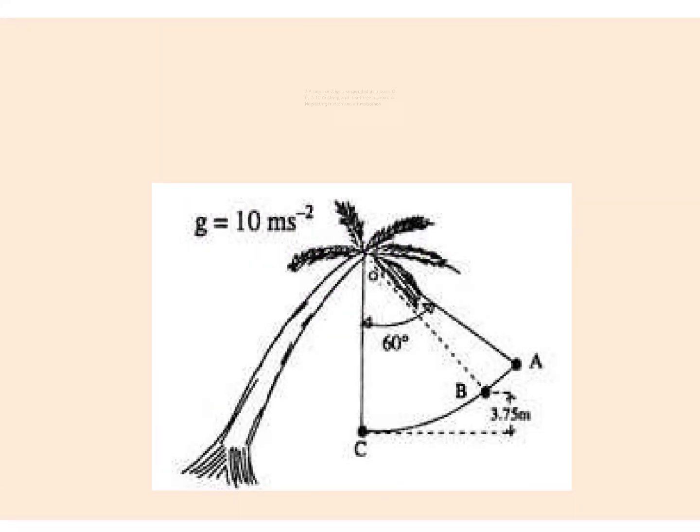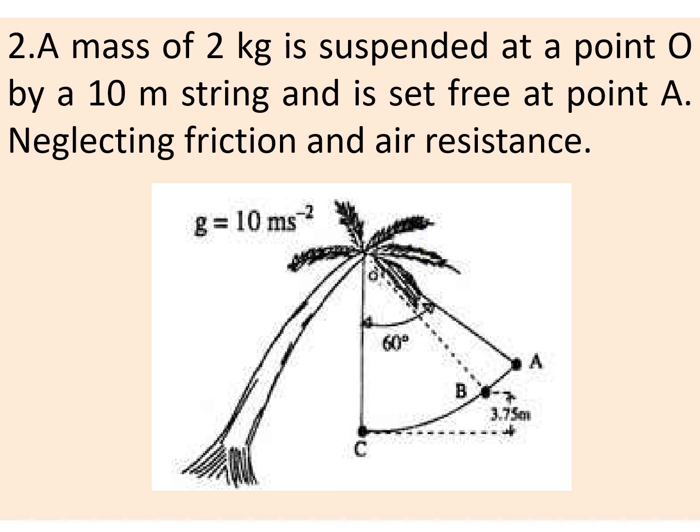Now, my dear students, here is another problem. A mass of 2 kg is suspended at a point O by a 10-meter string and is set free at point A, neglecting friction and air resistance. Look at the figure.